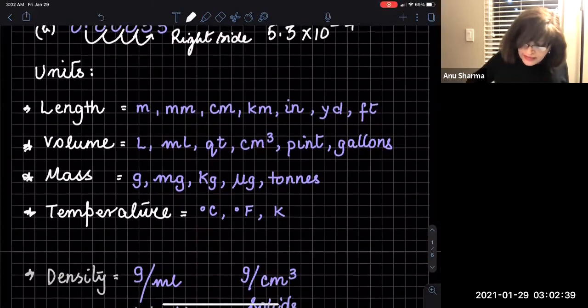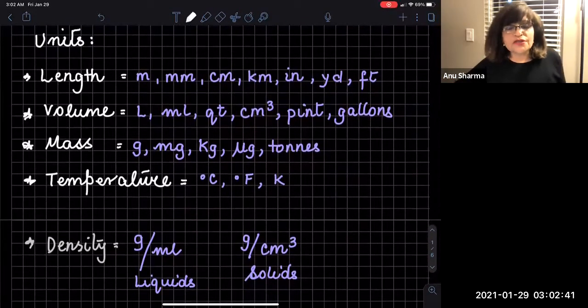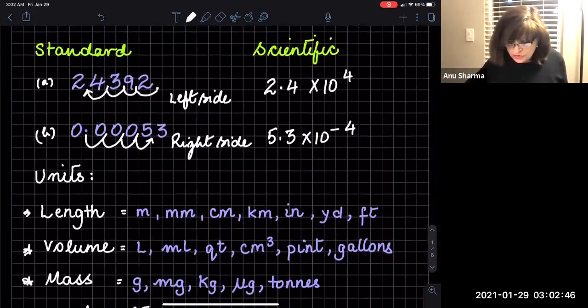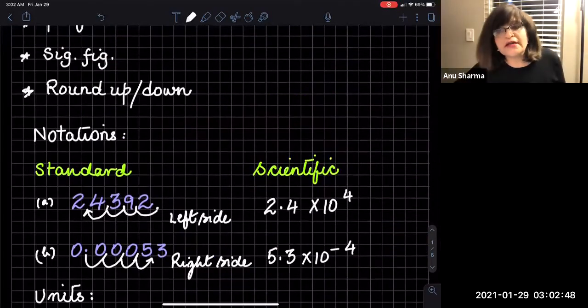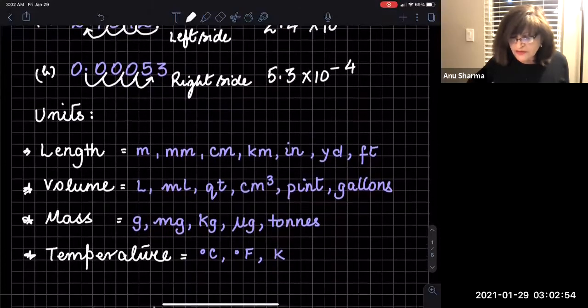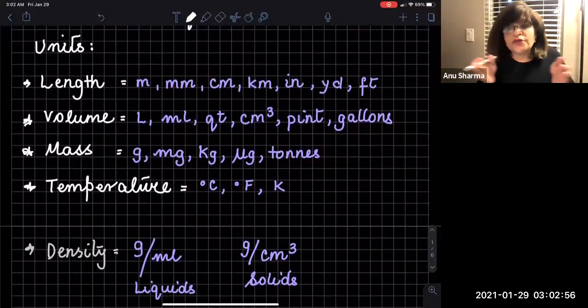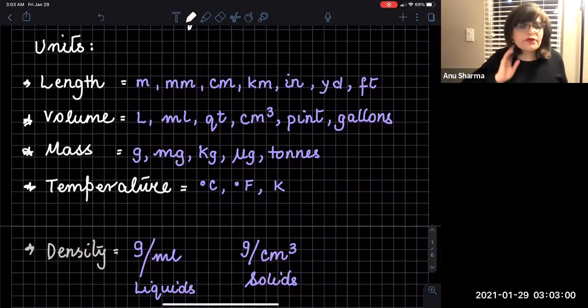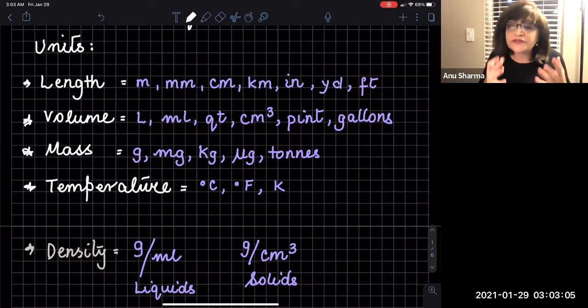Next, we are going to look at the units. So these numbers by themselves don't mean anything. This number, 24,394, doesn't mean anything. Similarly, that small number doesn't mean anything. Even though you write it in scientific notation, basically you're trying to use less space on the paper in recording, okay? But those numbers don't mean anything until and unless we know in what context we are using them.